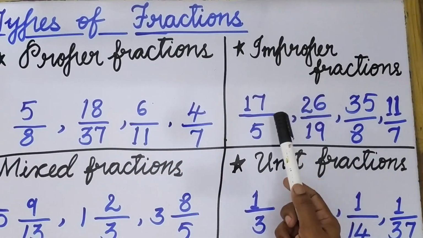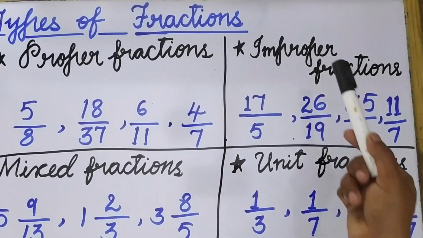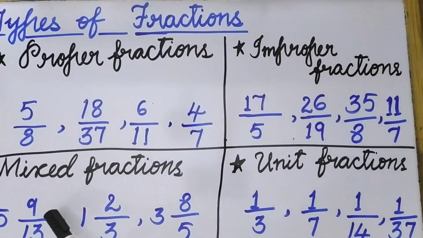When a numerator is greater than denominator, it is an improper fraction. A fraction with the combination of whole number and proper fraction is a mixed fraction, and the fractions which have 1 in the numerator are called unit fractions.